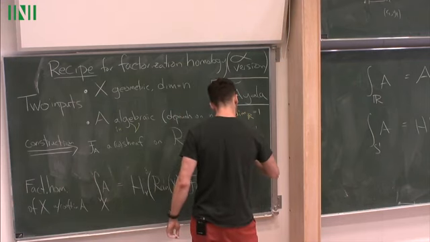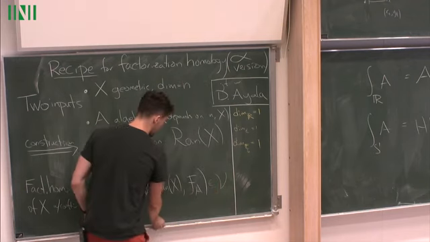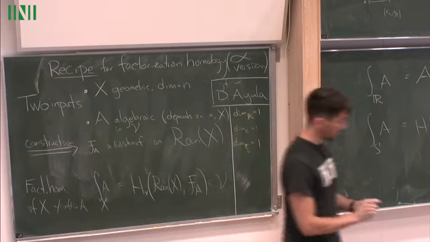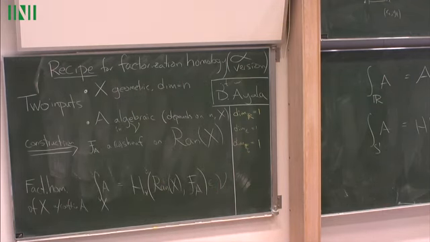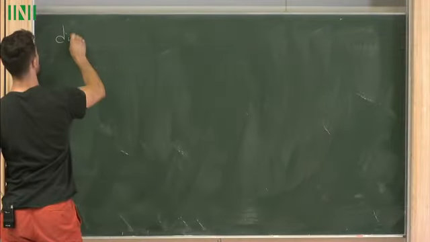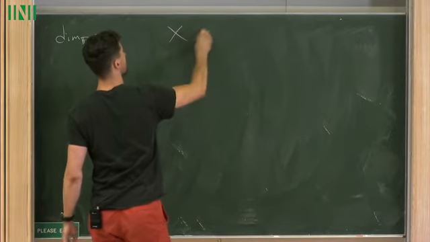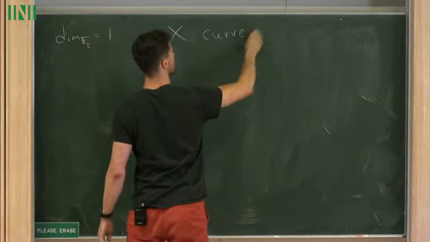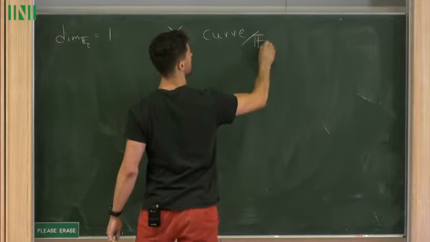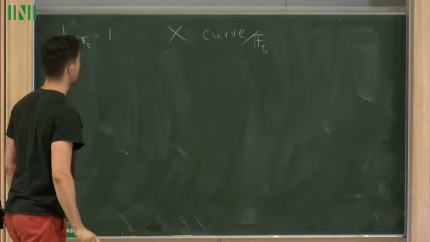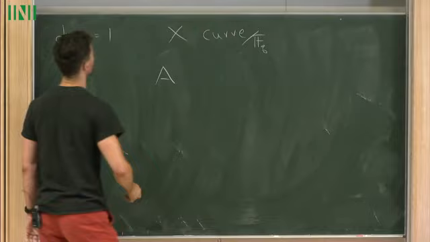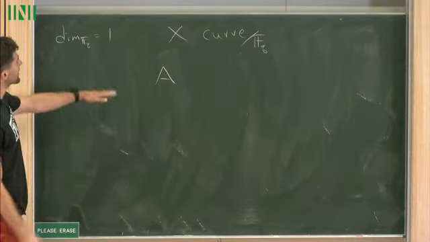Now, still with dimension 1, we can consider dimension 1 over a finite field. So again, let X be a curve, say smooth, complete, over a finite field. I won't consider in great generality what A might be.